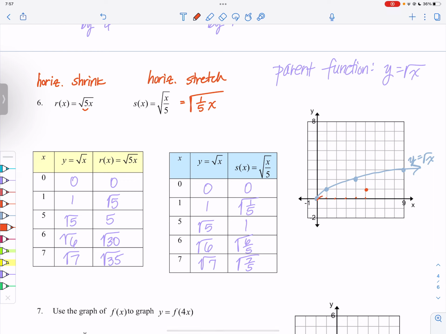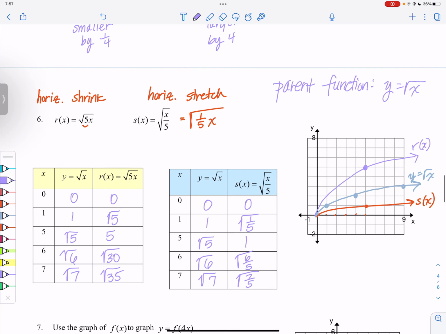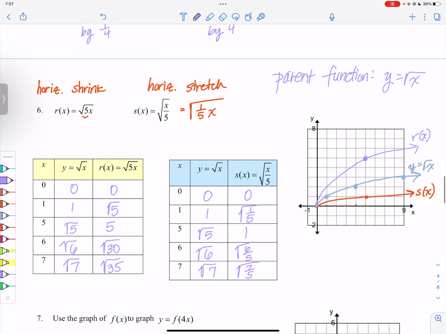So this is s of x, and then we could pick this point 5, 5, and this is r of x. So as you can see, we pulled this horizontally, and then we shrunk r of x. We shrunk the parent function horizontally and gave us r of x.